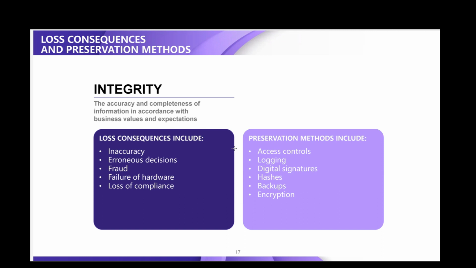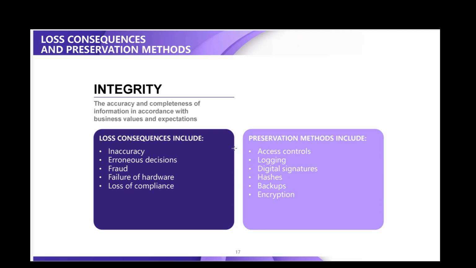And with that visibility, you can quickly restrict further action from the malicious subject. Another preservation technique has to do with digital signatures. We will explain this further when we discuss encryption.